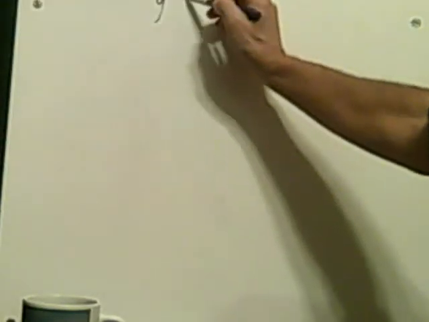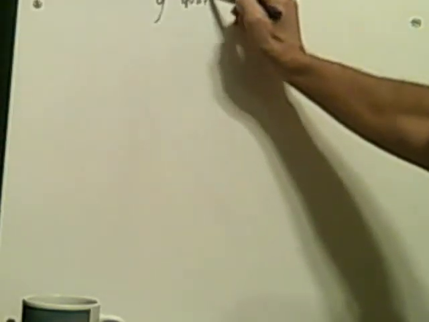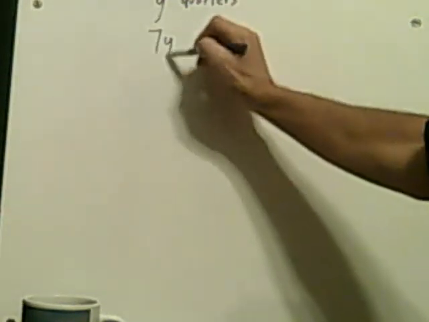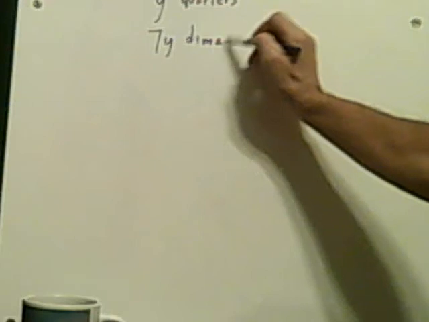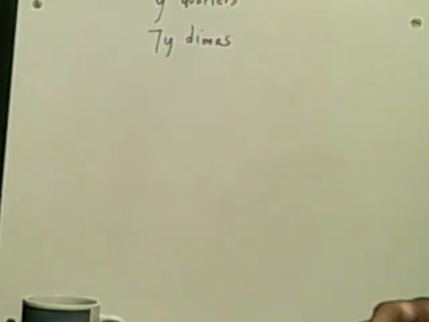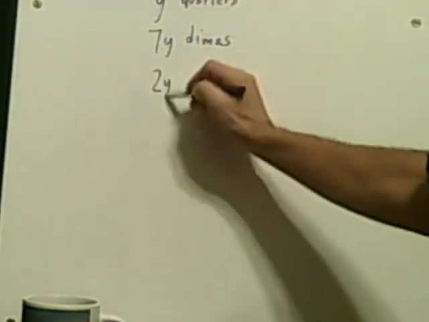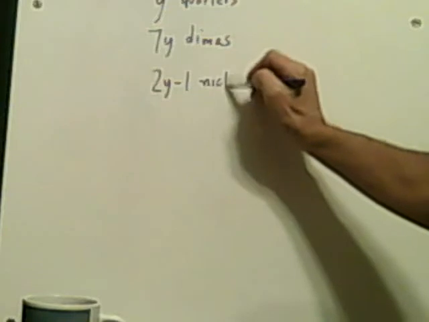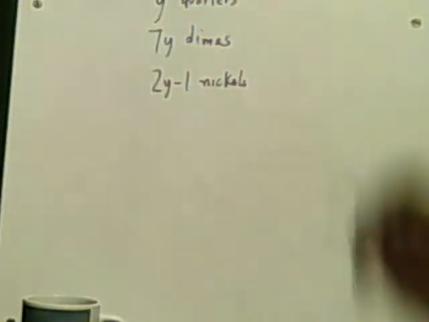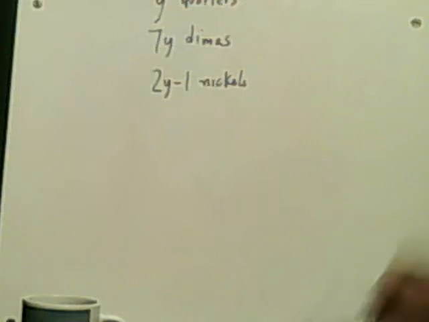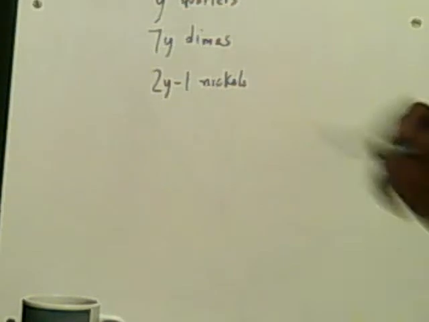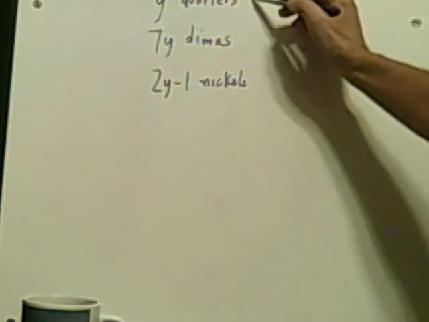Okay, so now we'll go to number 6. The total amount of money in cents, if you have y quarters, 7y dimes, 2y minus 1 nickels, and it says use the hint for exercise 5, but we'll just say that they want it in pennies.